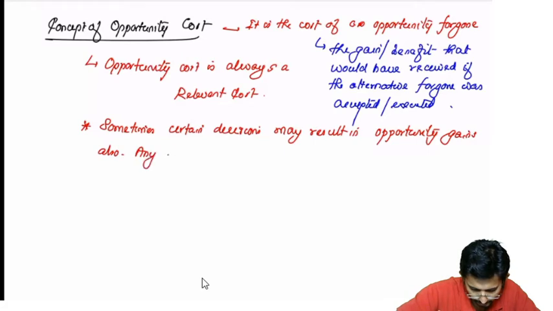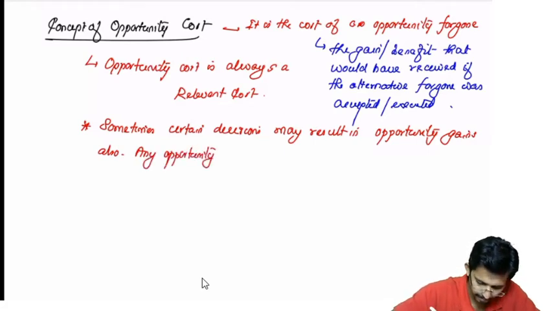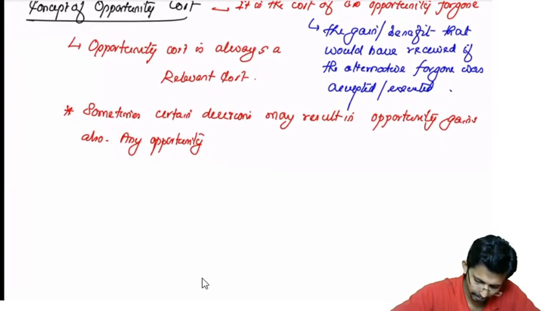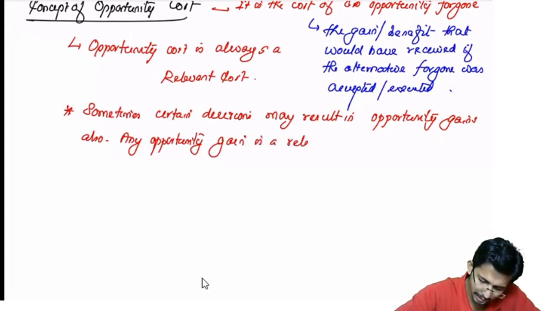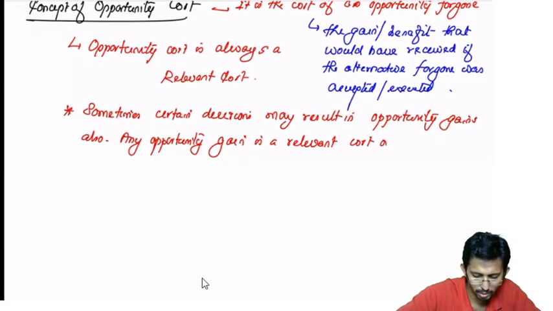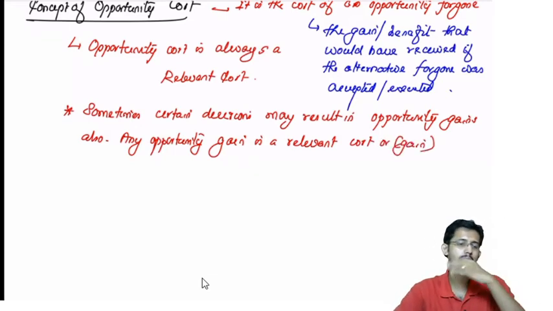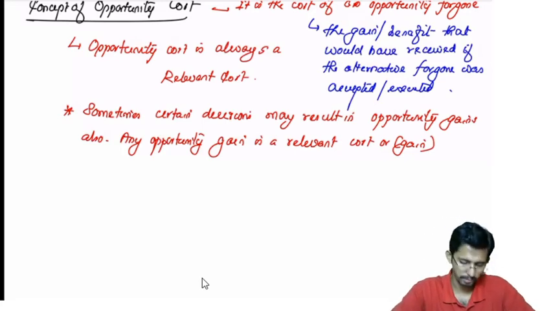Any opportunity gain is a relevant cost, or in brackets you can write gain. It is also a relevant cost. Relevant cost here means negative relevant cost. Now what do you mean by an opportunity gain? I will give you an example.